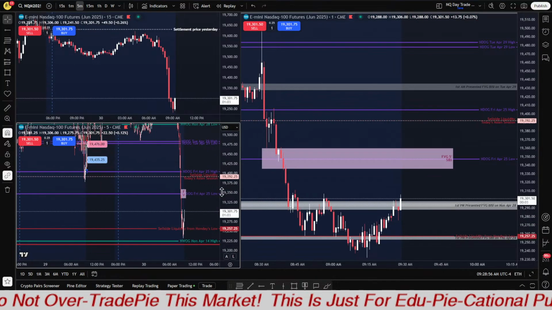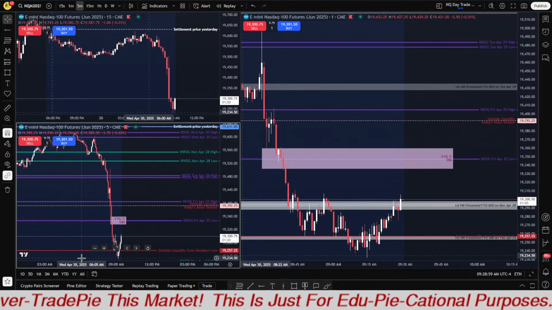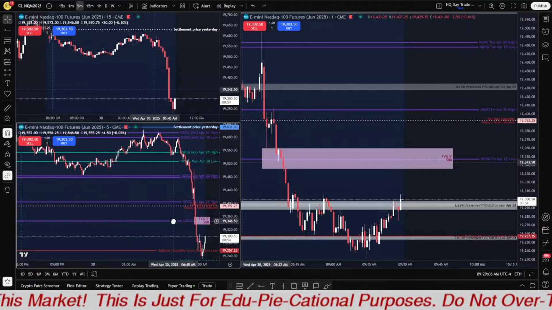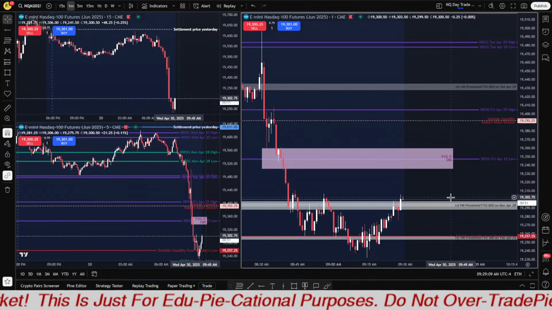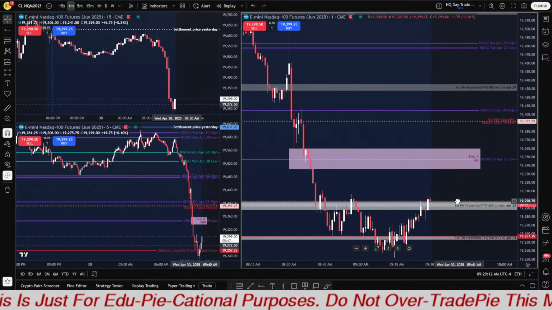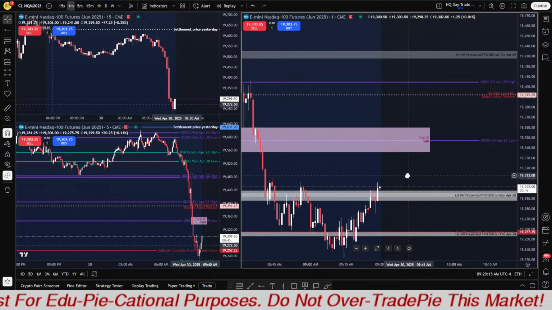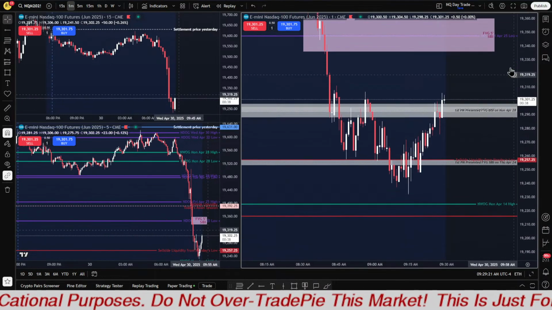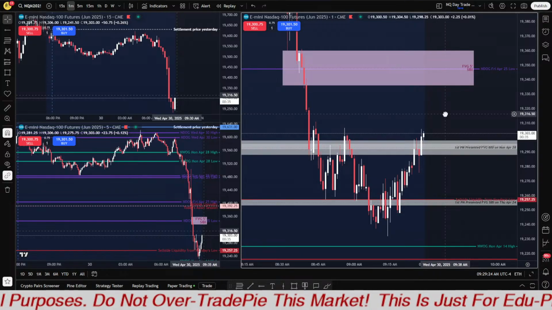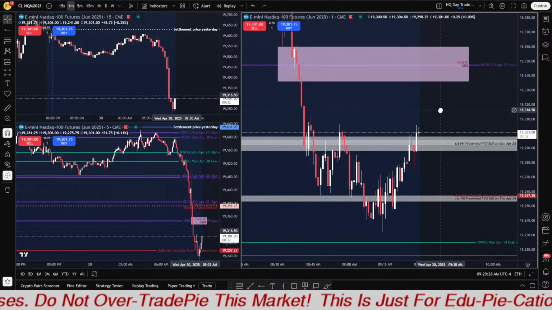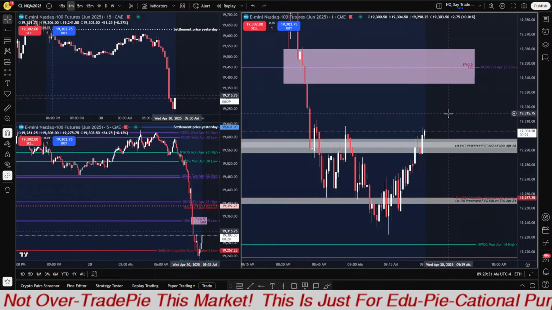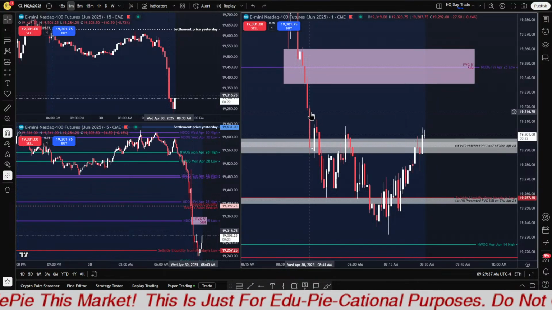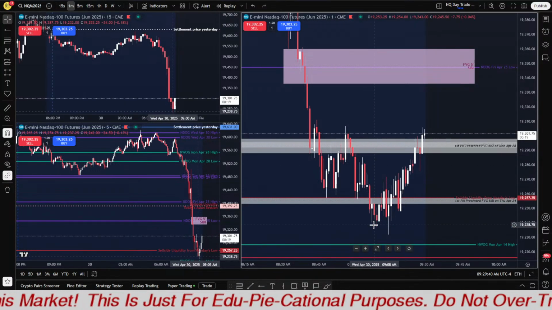Getting back to the 1-minute chart. Okay, in the 1-minute chart we see that we are trading inside this BC formed over here, and this is our breaker block.